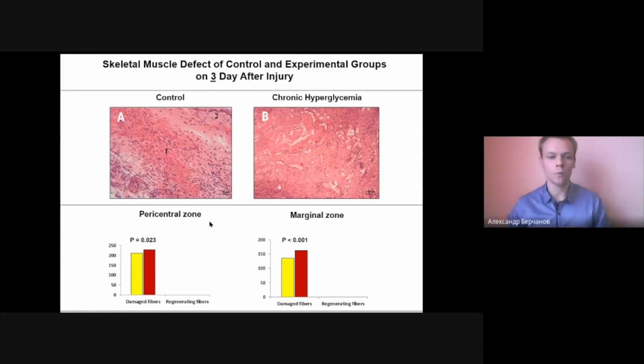Morphological analysis of the muscle regenerative process of the control group on the 3rd day after injury revealed the defect was infiltrated by erythrocytes, fibrin filaments, fibroblasts, and white blood cells. In animals with chronic hyperglycemia, the defect site was filled with inflammatory detritus with large numbers of leukocytes and fat cells.